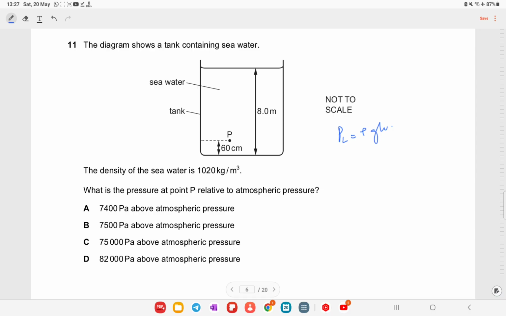Okay, putting the values into this question, the height is going to be 8 minus 0.6, because both should be in the same units. So this is going to be 75480, which is approximately 75,000, and so option C is going to be the right answer for that.